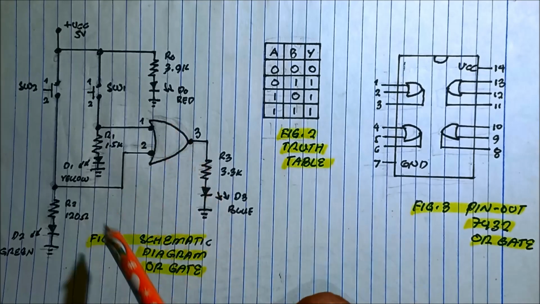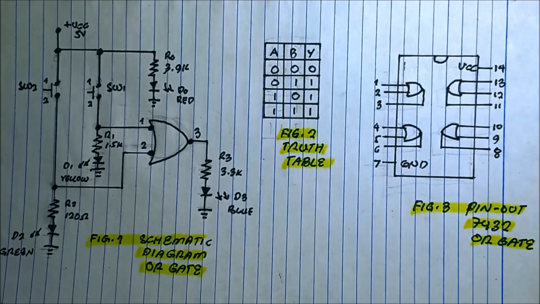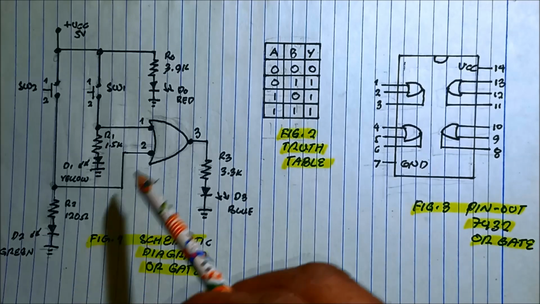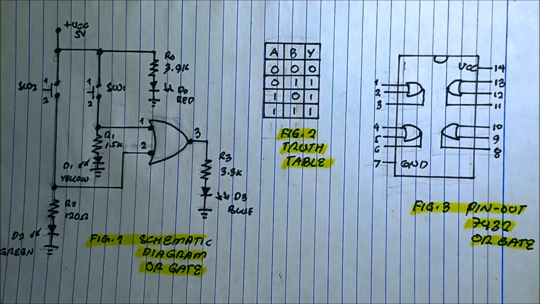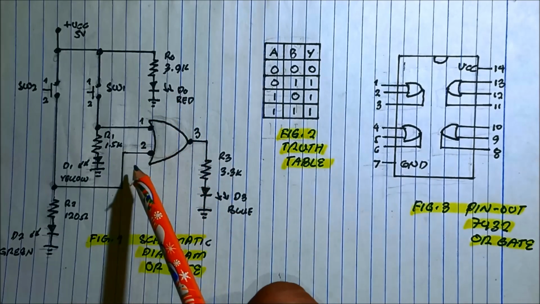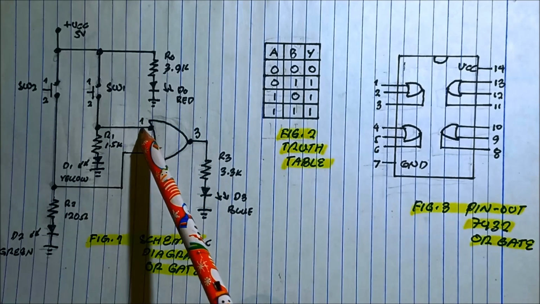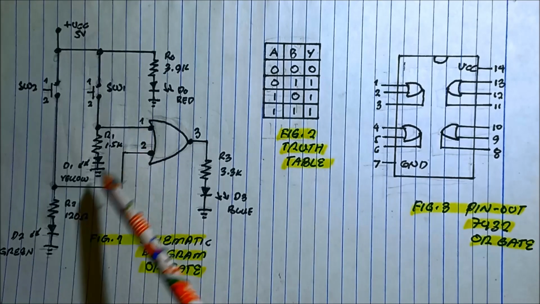What is the use of an OR gate? Is it just a gate? OR gate is used for switching application in electronics. OR gate consists of two inputs with one output.